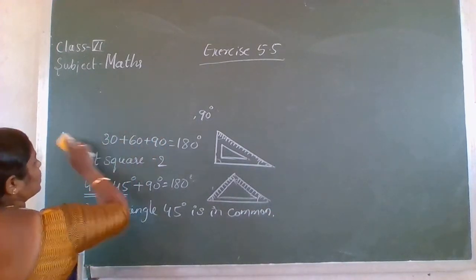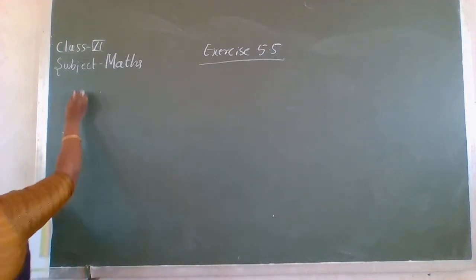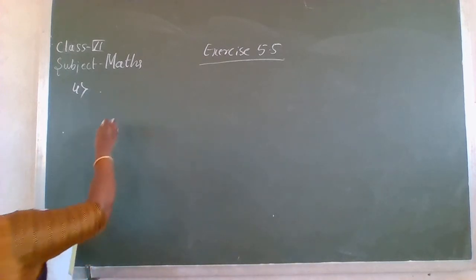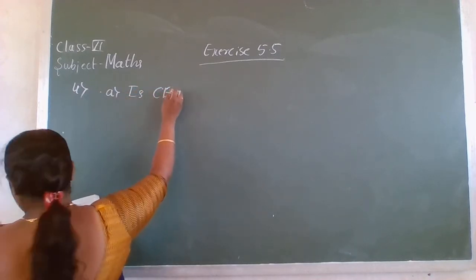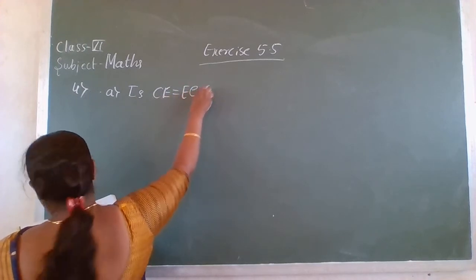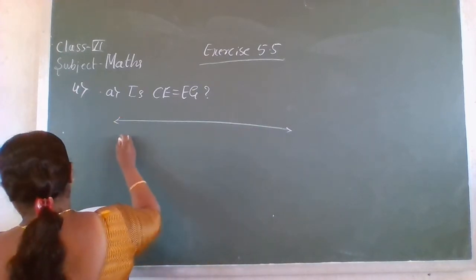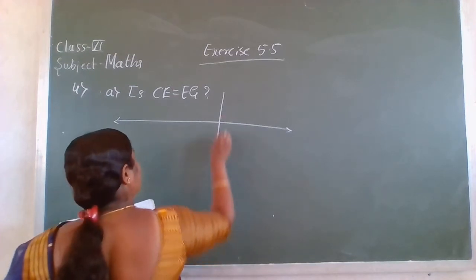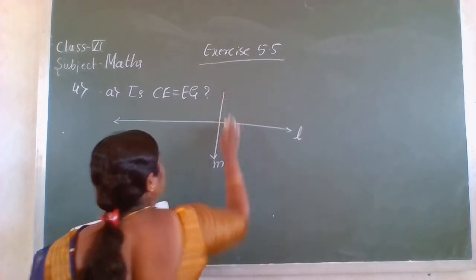Okay. Next, question number 4. Study the diagram. The line L is perpendicular to line M. CE is equal to EG. This is L and this is M line.